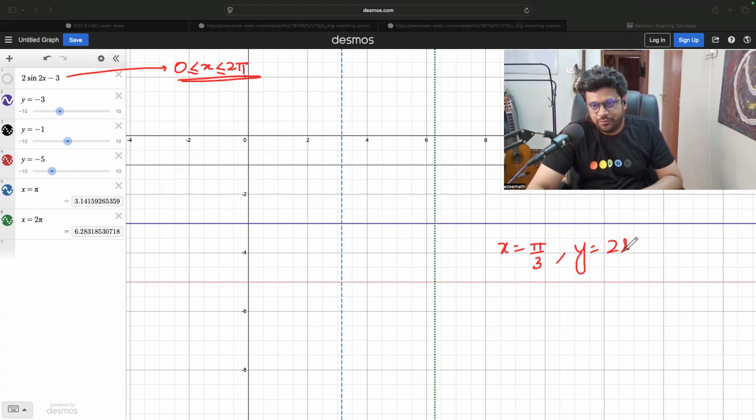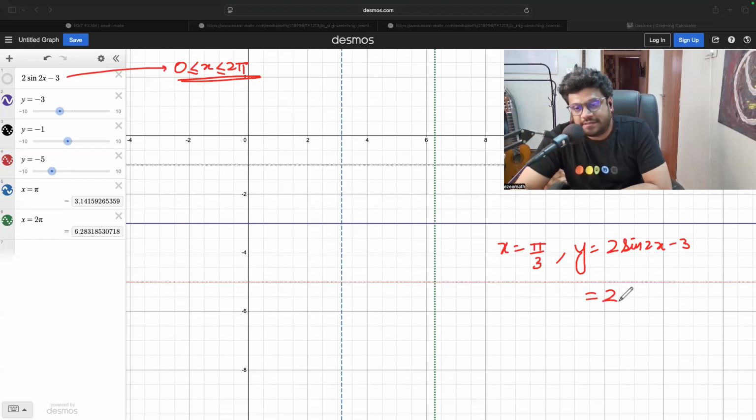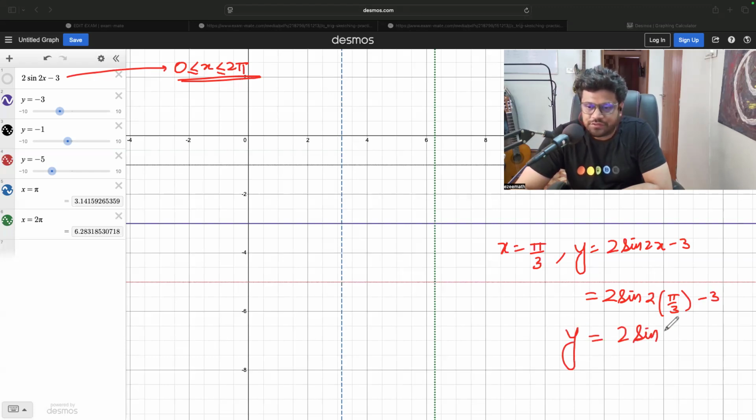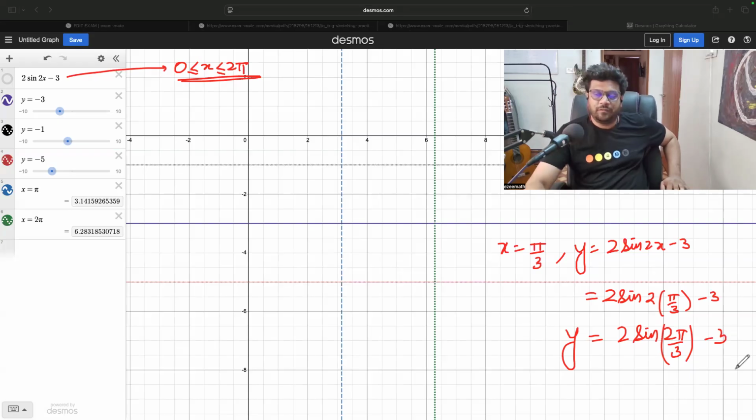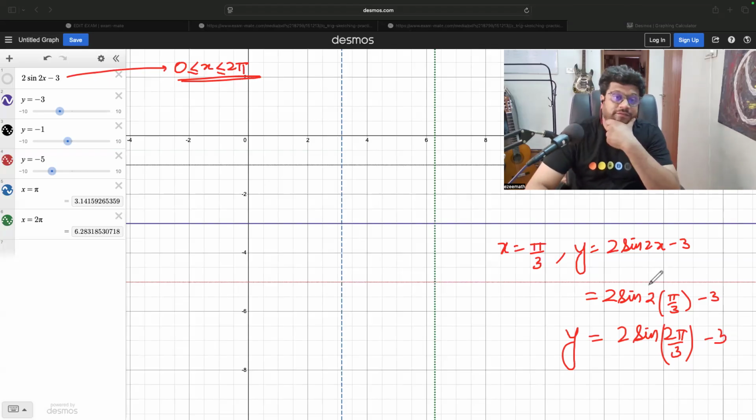Y is 2 sine of 2x minus 3. I substitute pi by 3 in here and I get y equal to 2 sine of 2 pi by 3 minus 3. Okay. I know that sine of 2 pi by 3 can actually be found without the calculator. I have been discussing the unit circle with everybody.